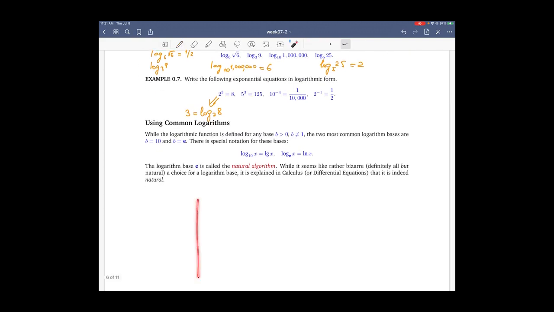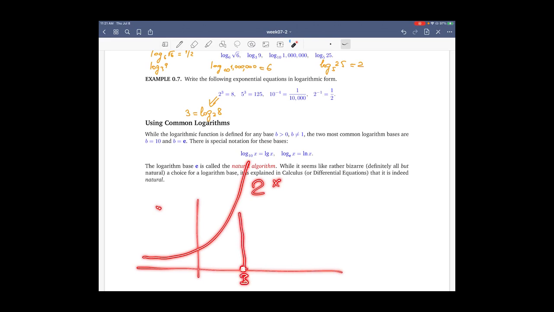Correct? If we look at the curve 2 to the power x, our favorite, and compute the value of that function at 3, the y-coordinate will be 8. So 3 is logarithm of 8 base 2.